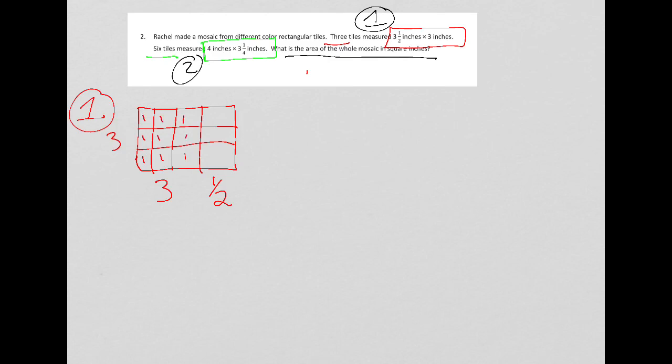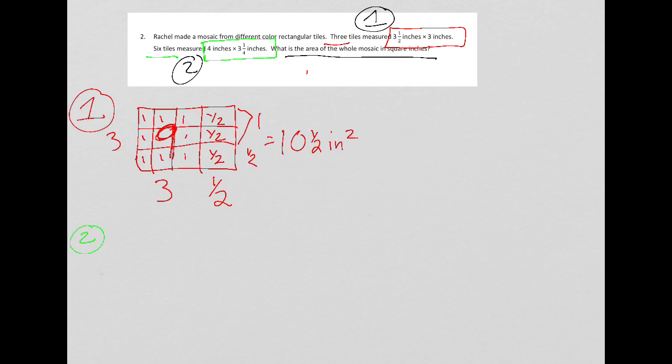And then each of these is 1/2. So when I add all these together, my wholes are going to together be 9. And my halves are going to be 1.5, because I can put 2 together as 1. And this is still a half. So adding all of those up, I'm going to say that tile number 1 has an area of 10.5 inches squared.